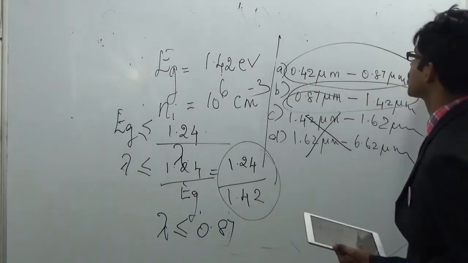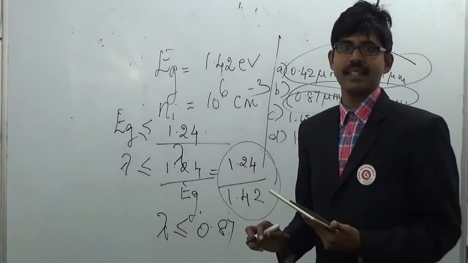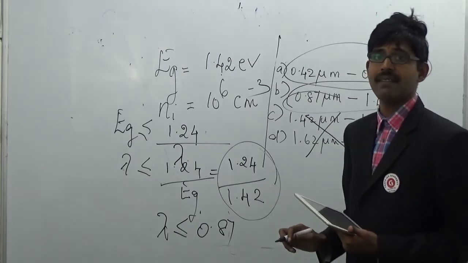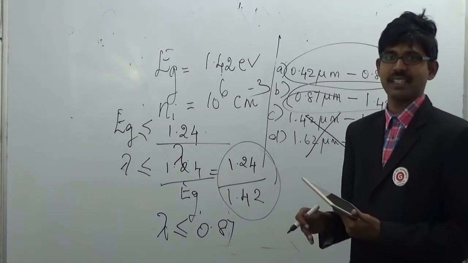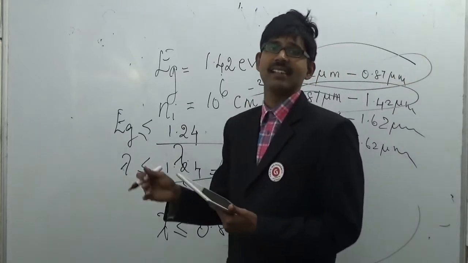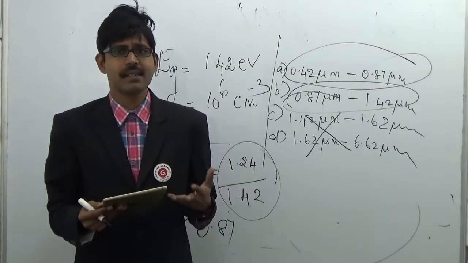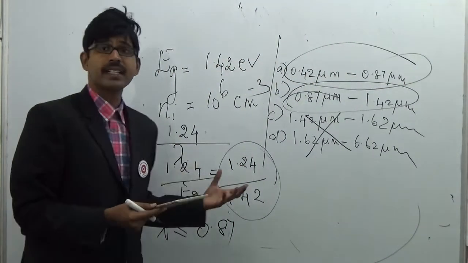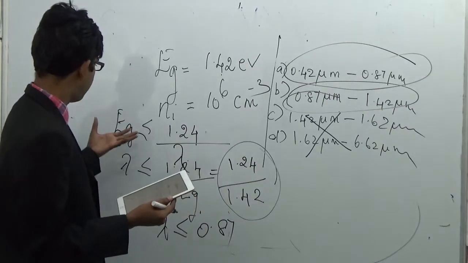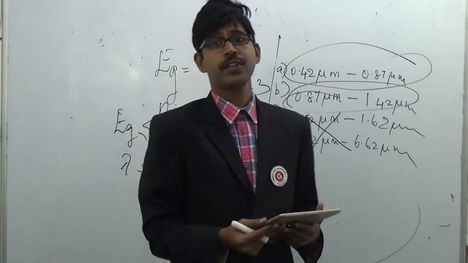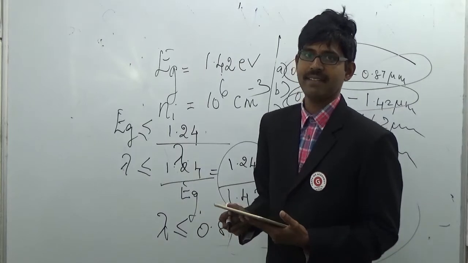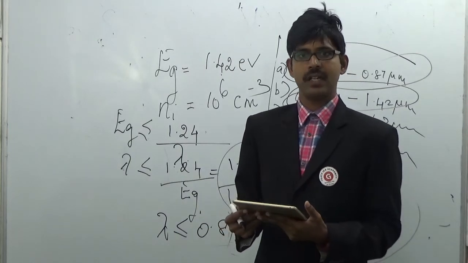So the first option must be the right option, because your wavelength should be lesser or equal to 0.87. Yes, okay, so the option A is the right option. So it's a very simple formula. That's why I quoted this formula in the beginning. The band gap energy must be lesser or equal to 1.24 divided by the wavelength that is incident on the atom.